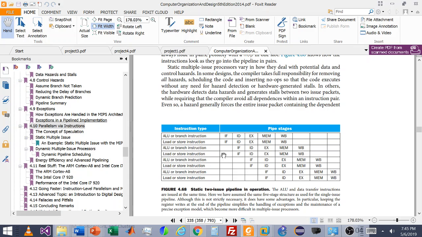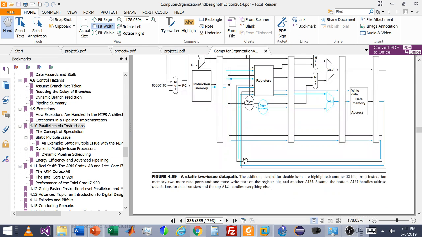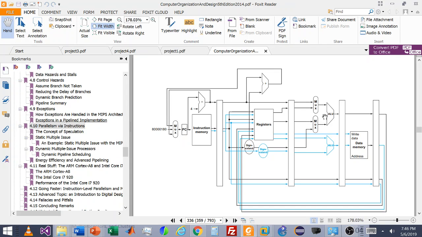So this is, again, highly simplistic, but just to get an idea seated in your mind here, they are issued at the same time, and both go through different data paths but on the same CPU. They go through fetch and decode simultaneously, and then they use different data paths. One of them goes through the ALU data path, the other the load store data path. So the first might use the traditional ALU for actual arithmetic operations.